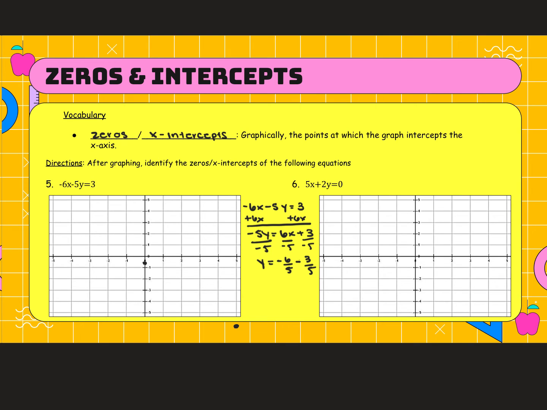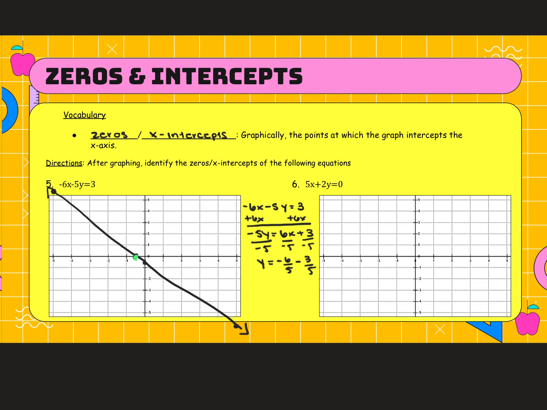And again, up 6/5 is going to be about here. So again, this one isn't perfect and isn't a great example, but we can see we have an x-intercept here. We don't know exactly what that point is.